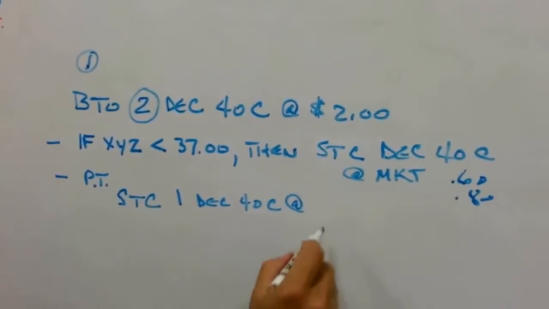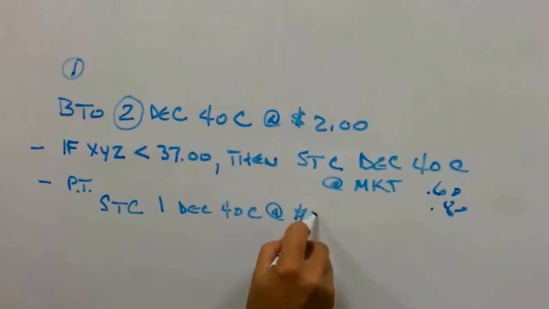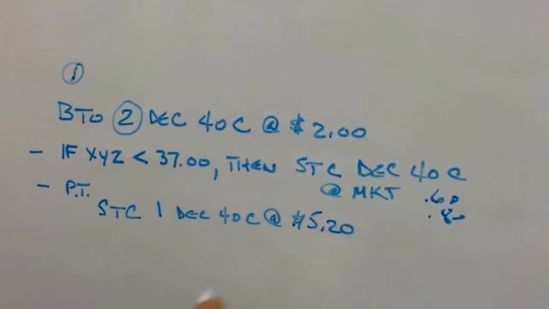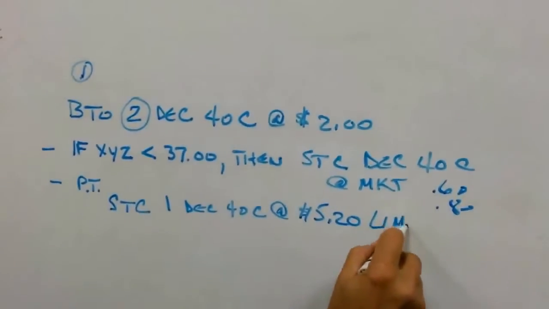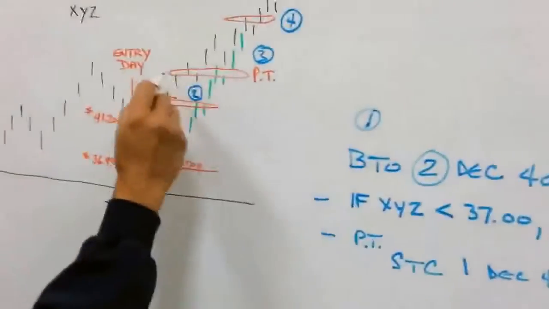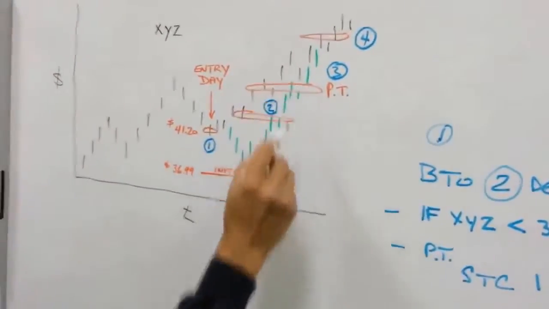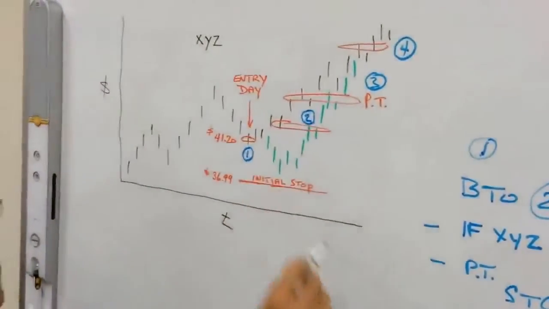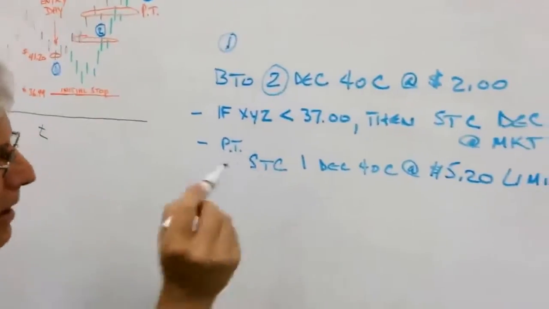It's calculated by the software. Let's say that's around 520. That's kind of typical. Limit.